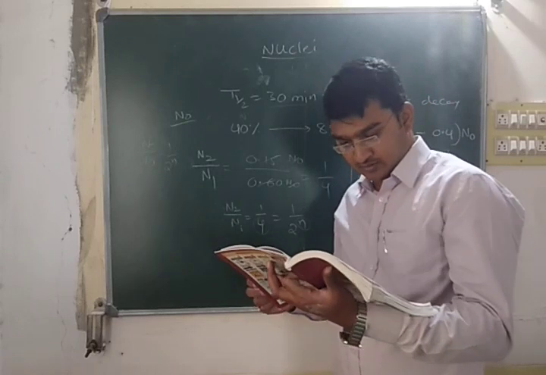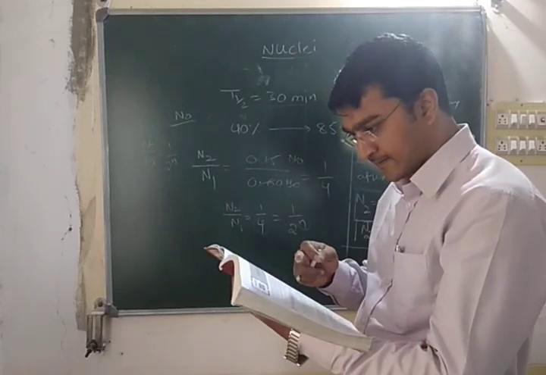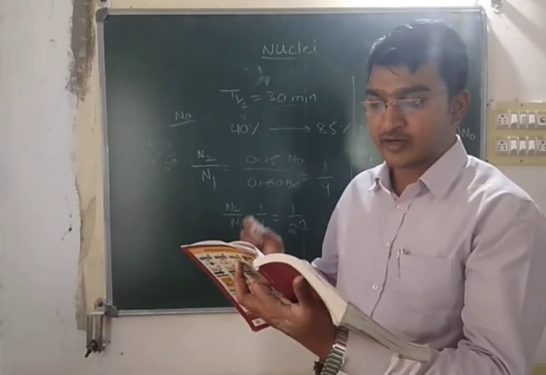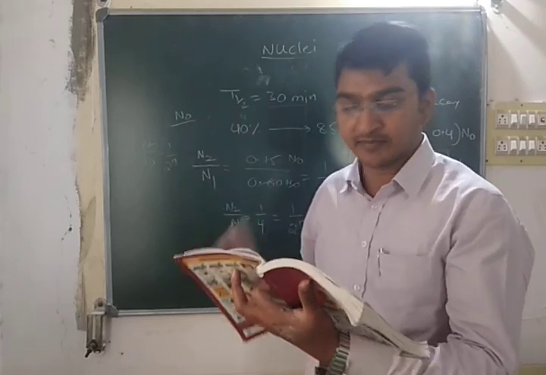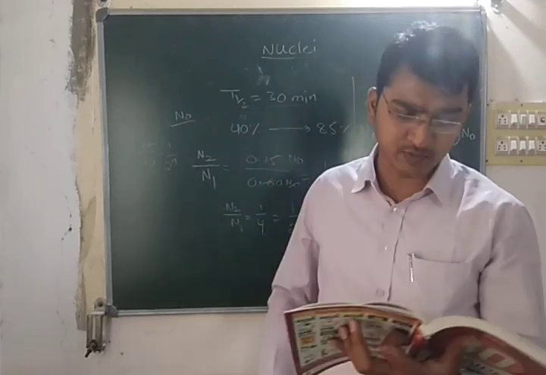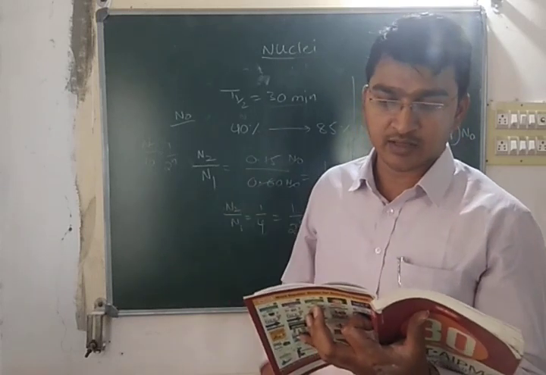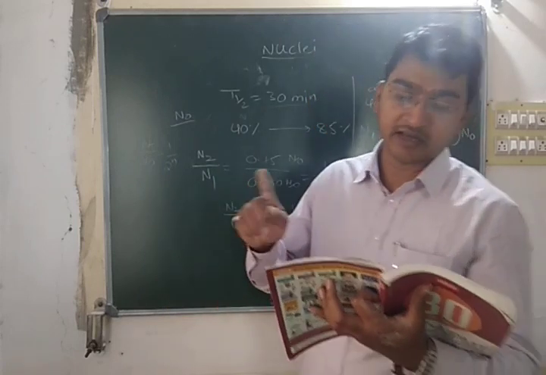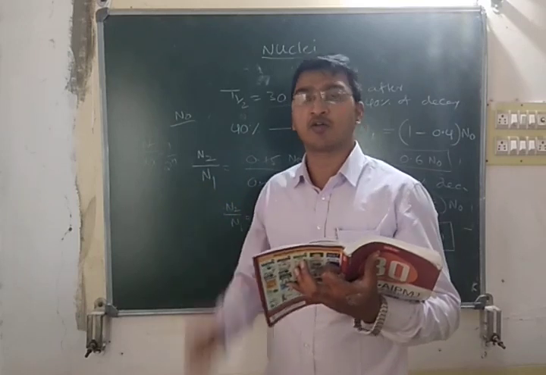In 2015 they gave a nucleus of uranium decaying at rest into nuclei of thorium and helium, a conceptual question. In 2014 there was a binding energy question with binding energy per nucleon of 5 MeV and 7 MeV, and from the reaction you had to find the Q value.